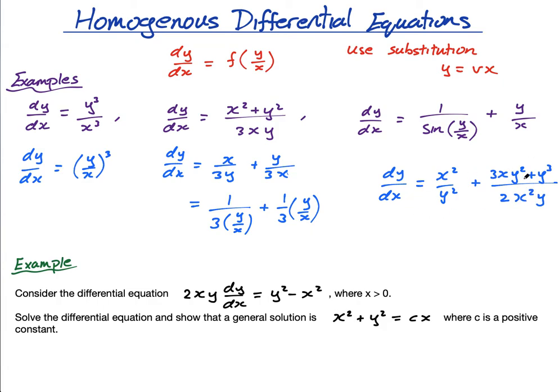I could write this in this form because I know I have a 2 over 2. This is an x to the 1 y squared, so this is like a degree 3. So it's the degree of the x and the y together. This is degree 3 and this is degree 3. So this is a homogeneous differential equation. Okay, so that's recognizing what we're dealing with.